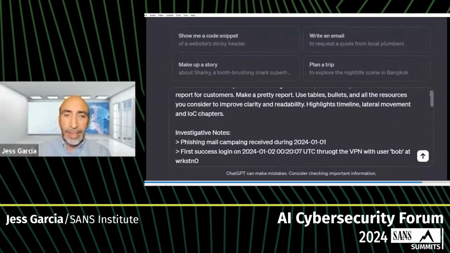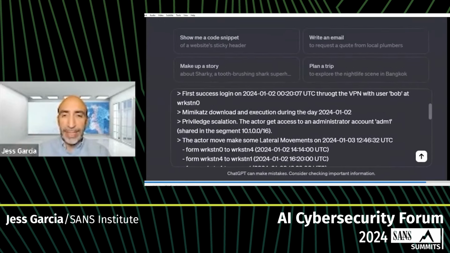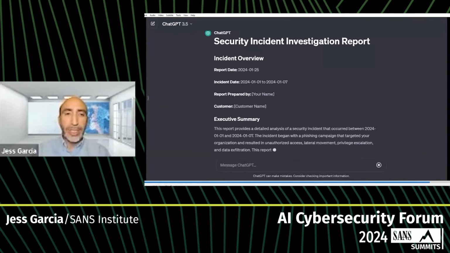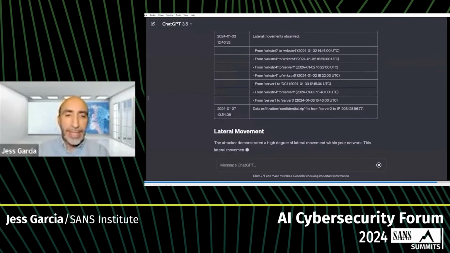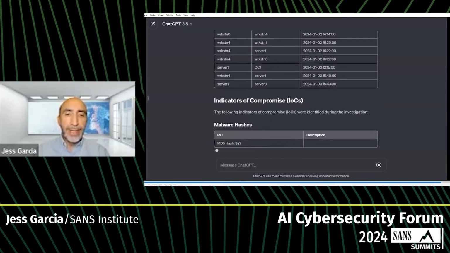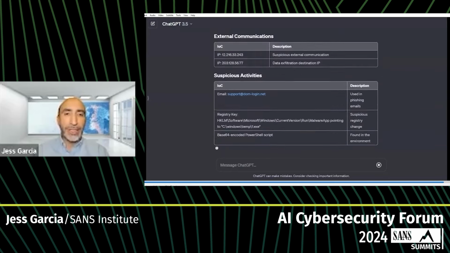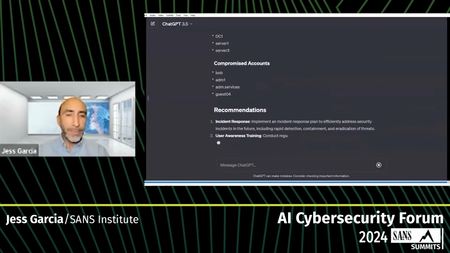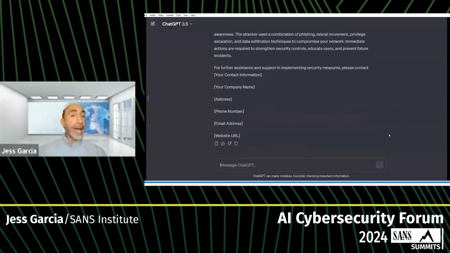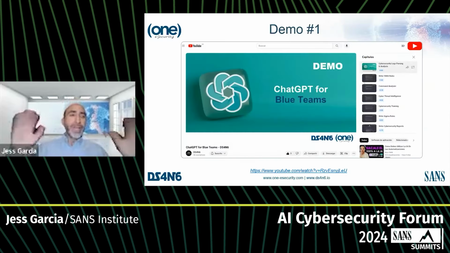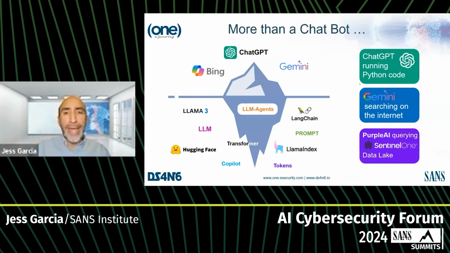Okay, I provide the investigative notes, and ChatGPT will actually do an executive summary, timeline of events, lateral movement, indicators of compromise, hashes, and even the recommendations and conclusion. Okay, so to start with, that's going to be saving quite some time on work you probably don't love doing. Okay, so let's close here and let's go to the next mode.